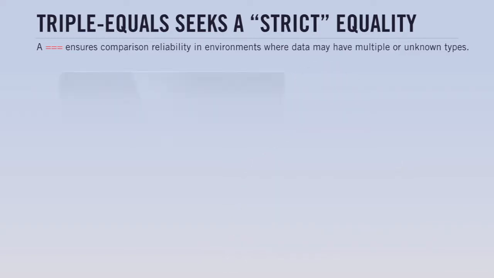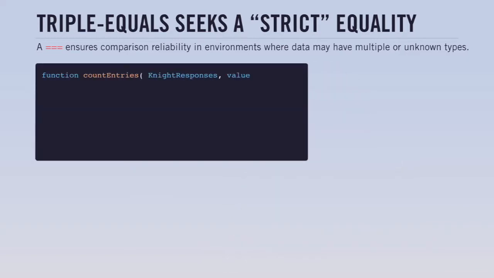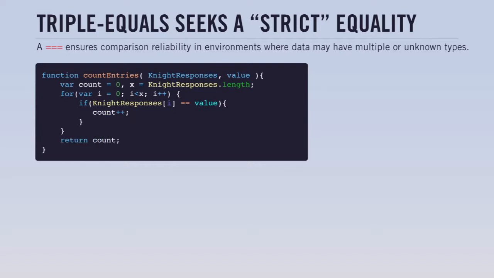It's very helpful. Let's say we had a website with some fields in it, and it was a new registration website for knights that are about to become knights but have to complete a certain amount of requirements in order to become a knight. Take a look at this function called countEntries. It's going to take in an array of responses from those fields called knightResponses.